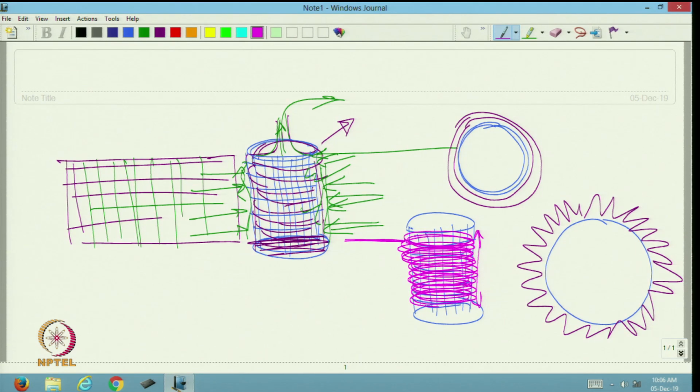We can have a number of layers and form the cartridge type filter. This type of roving based filter is used mainly for wet filtration, so for liquid filtration we can use this type of filter.